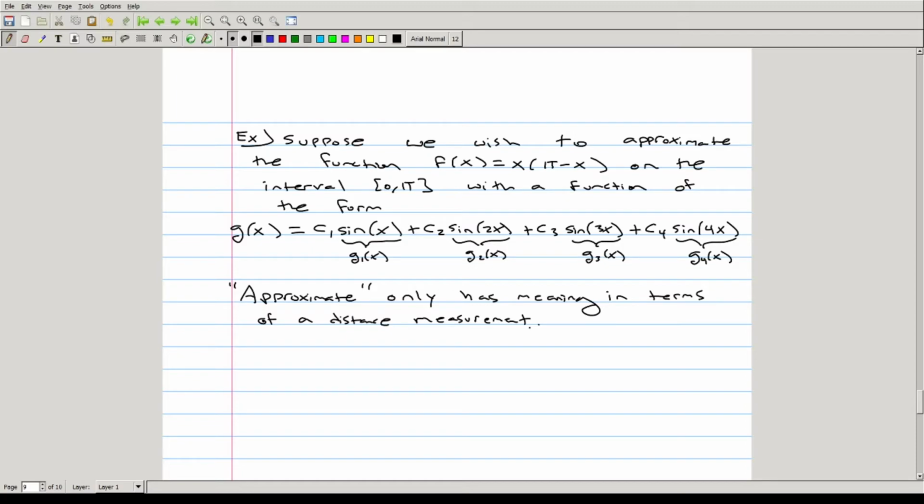Specifically, we're going to use the idea developed before, and we're going to use the inner product and norm that we introduced before for function spaces on the function space of continuous functions from 0 to pi.